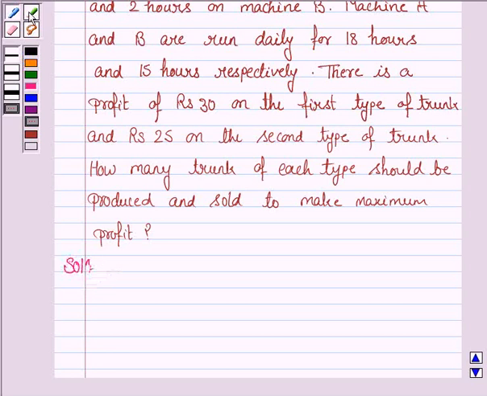We have to find the number of steel trunks that should be produced to make the maximum profit.